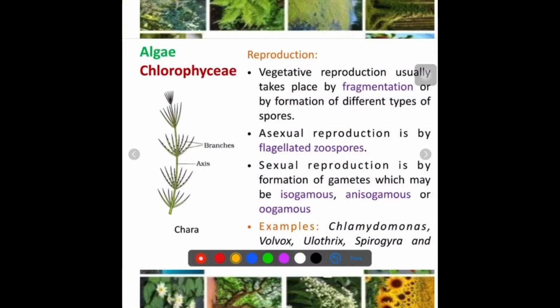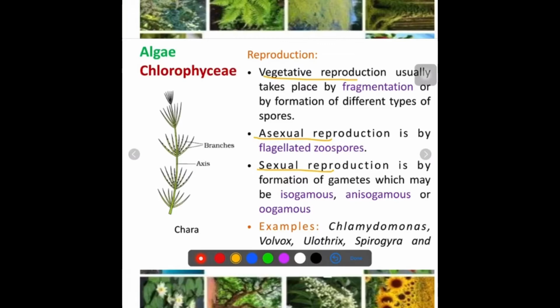Now let's move ahead with another top point in chlorophyceae, and that is regarding reproduction. Like other algae, the chlorophyceae can reproduce in three ways. First, vegetative reproduction. Second, asexual reproduction. Third, sexual reproduction.